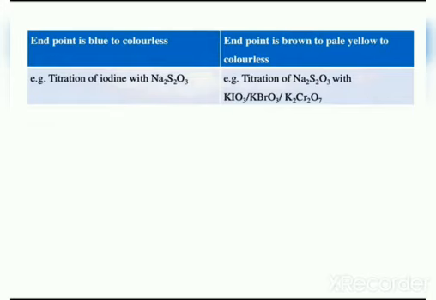This is a very sensitive color reaction, but starch forms a water insoluble complex with iodine. Therefore, the indicator is added only at the very end of the reaction, when the color of the iodine solution fades to pale yellow. So in iodimetric titration, we add the starch indicator initially, but in iodometric titration, we add the starch indicator only in the final stage.